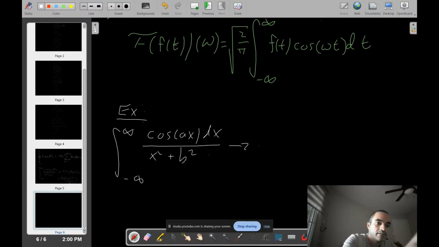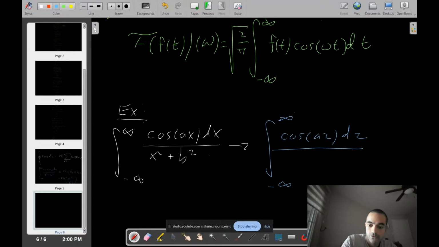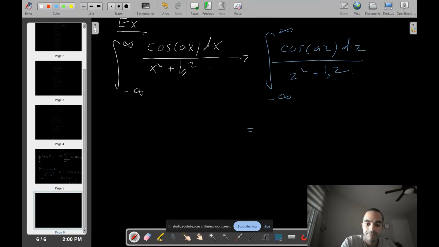We found that we can write it like this: integral from minus infinity to infinity of cosine of az dz all over z squared plus b squared, and that was equivalent to the integral from minus infinity to infinity of cosine of az.